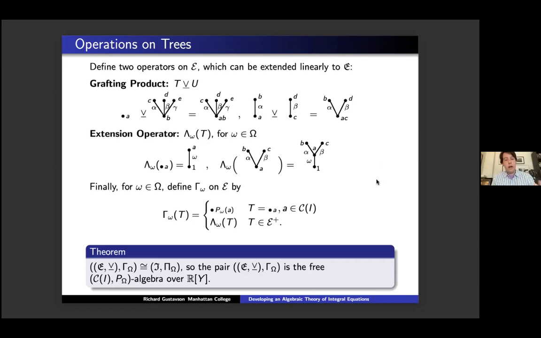And so on our set E, we can define what we call gamma omega. So this is basically taking lambda omega in most instances.